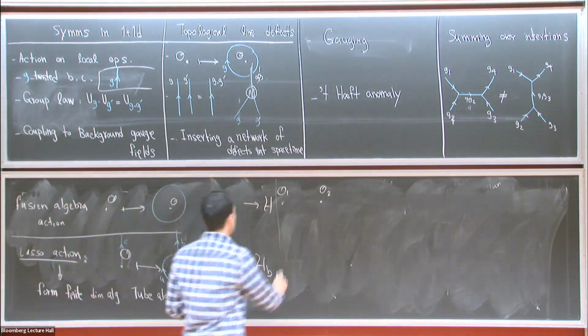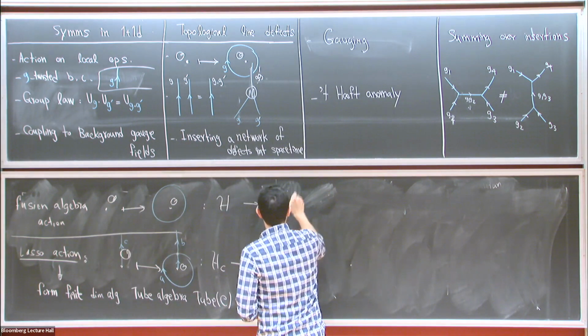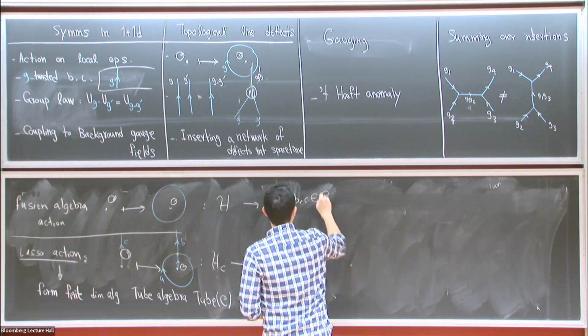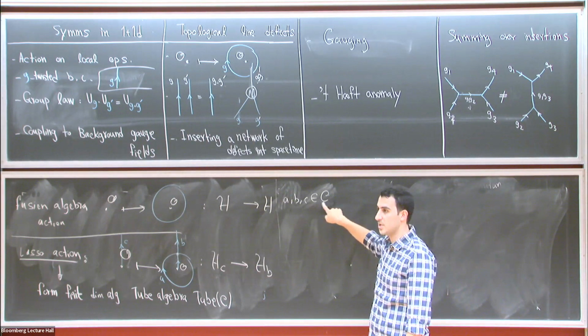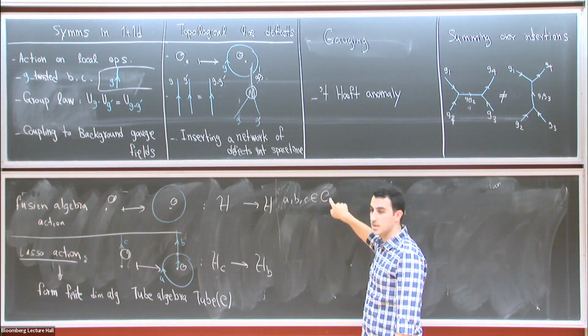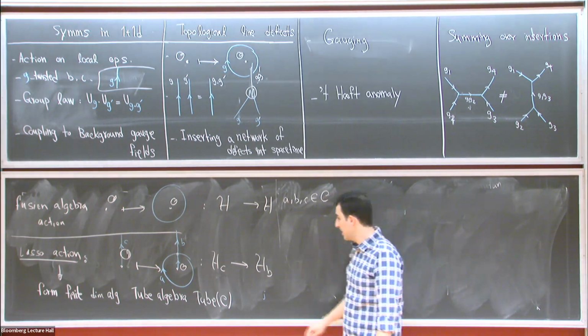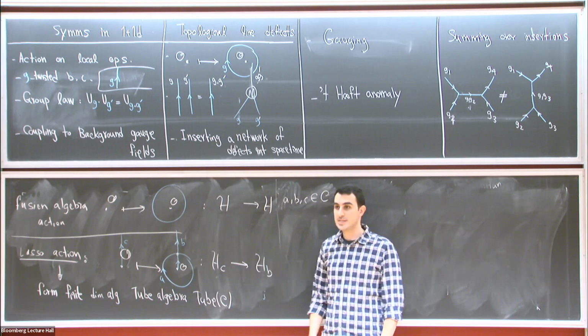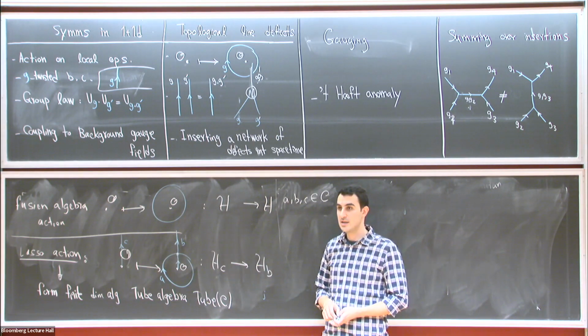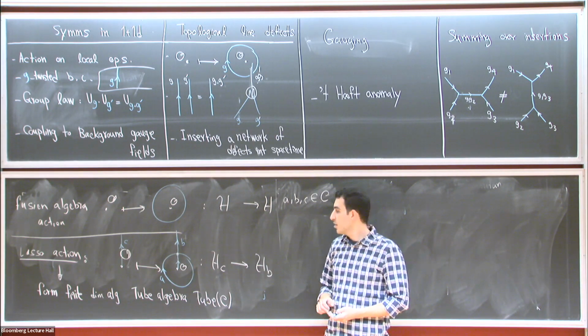So I should say that here I'm using the notation where A, B, and C are the elements in the non-invertible symmetry that I denoted with capital C. So let's say C is the set of all these non-invertible symmetries, and this is known as the tube algebra. Yes. The fusion algebra is commutative, the tube algebra is not.